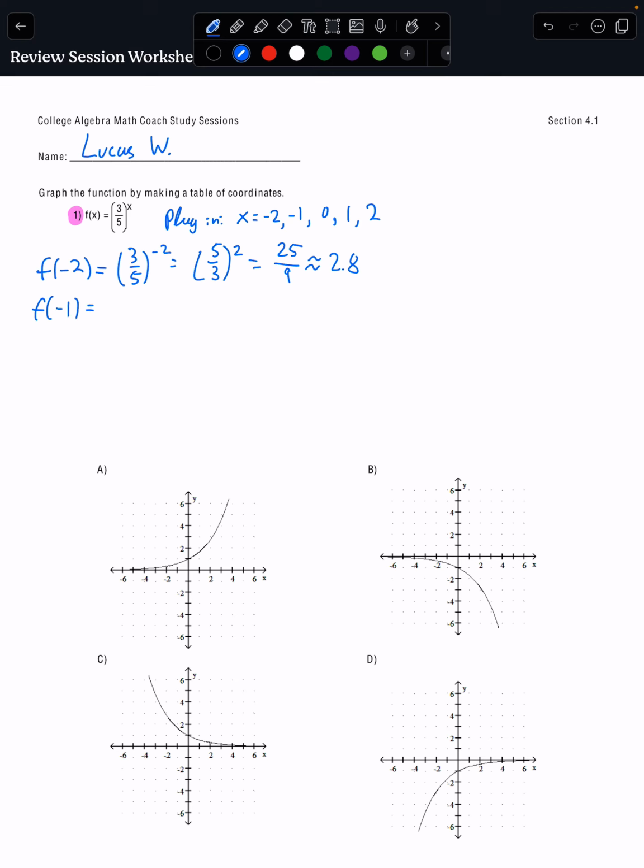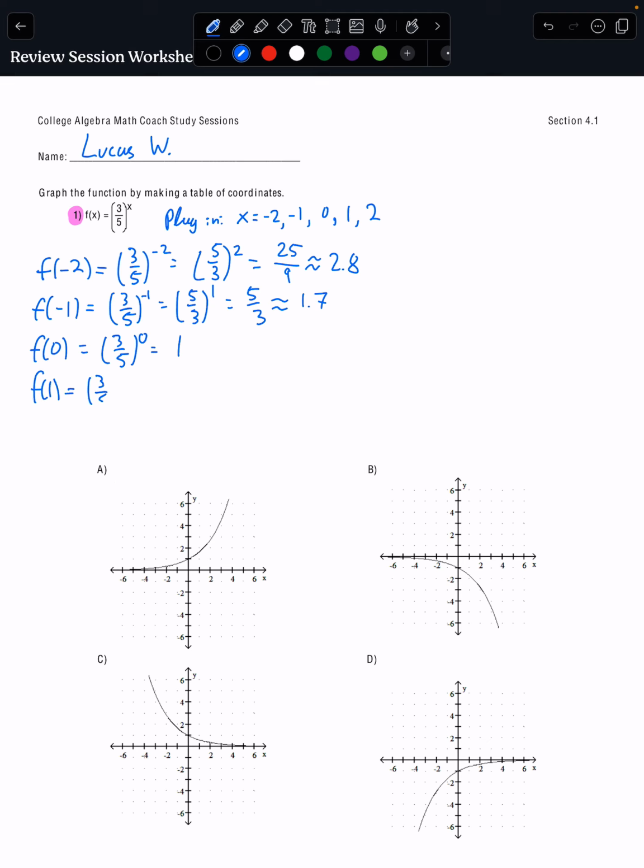Plugging in -1, again, we can just flip it, change the negative, and we get 5/3, which is roughly 1.7. We can plug in 0, and anything raised to the 0 power is just equal to 1.